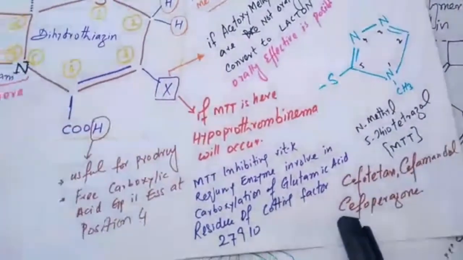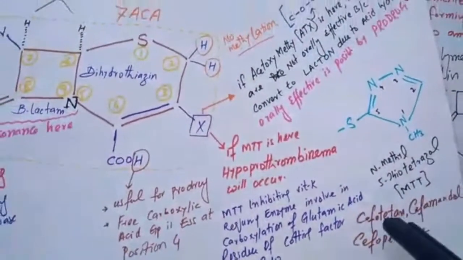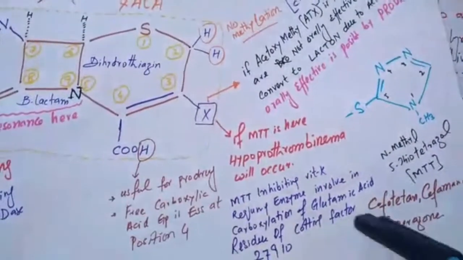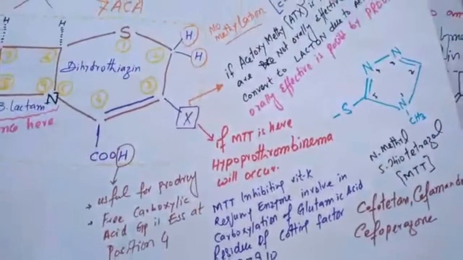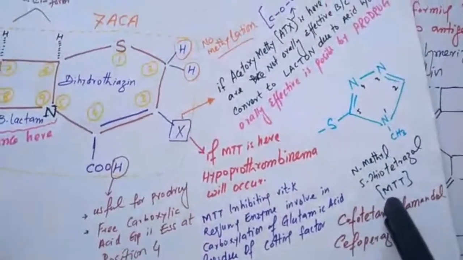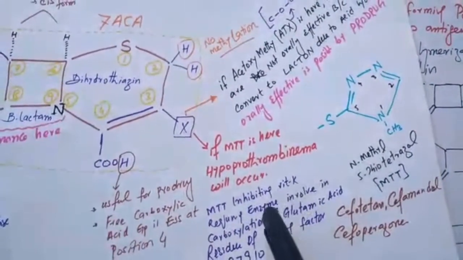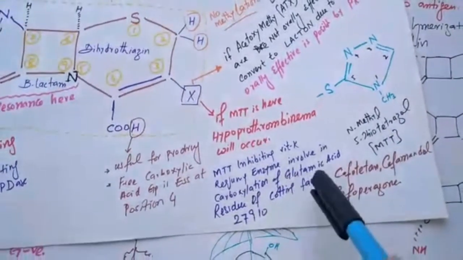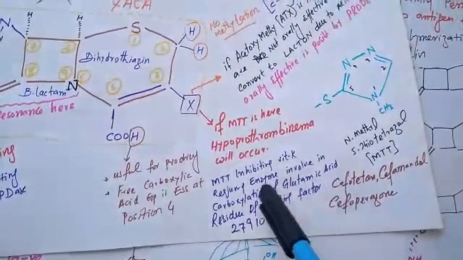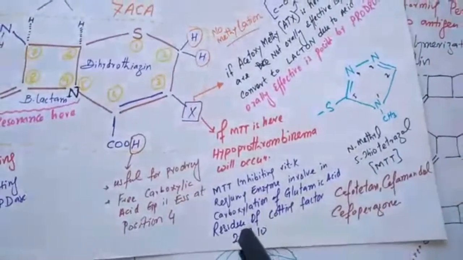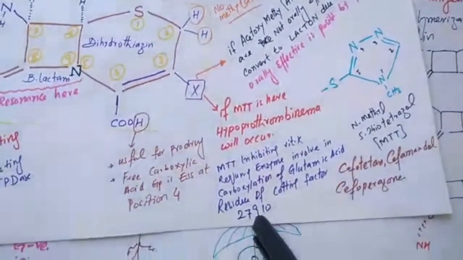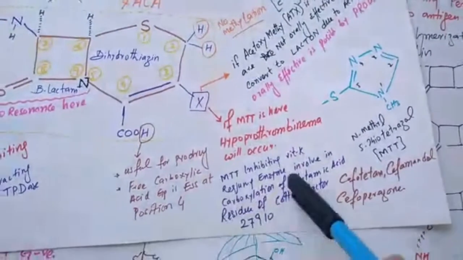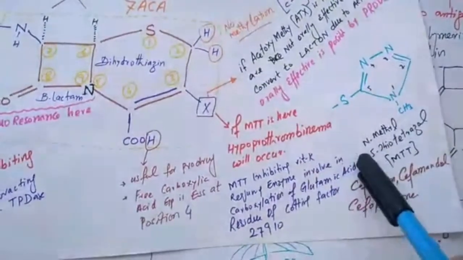These cause mucous membrane bleeding, especially in old patients, and patients whose diet is not balanced, because this MTT interacts with the vitamin K requiring enzyme involved in carboxylation of glutamic acid residues of clotting factors 2, 7, 9, and 10, and that's why they cause mucous membrane bleeding.